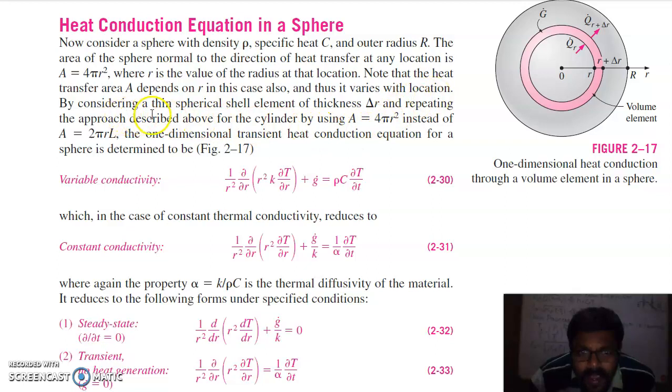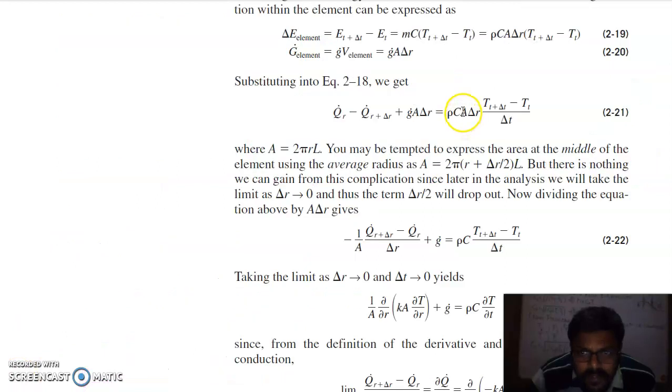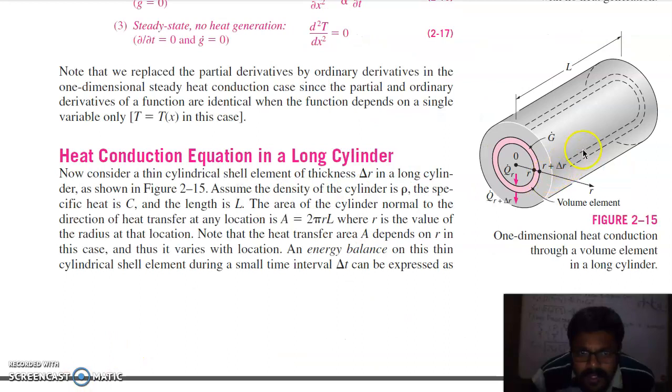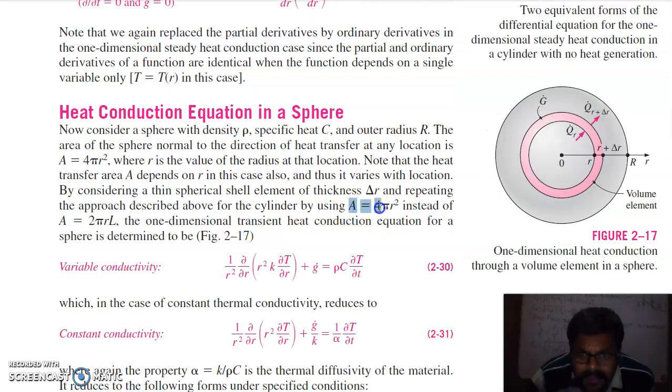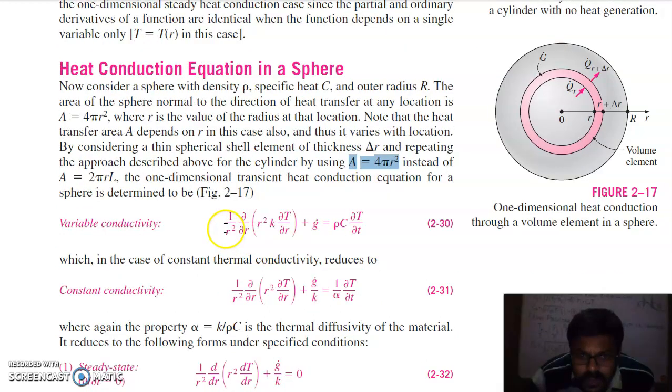So by replacing the area in the case of the cylindrical equation, the heat conduction equation in a long cylinder, with the area in the case of a sphere, which is 4 pi r square, we will get this equation, which is with the variable thermal conductivity.